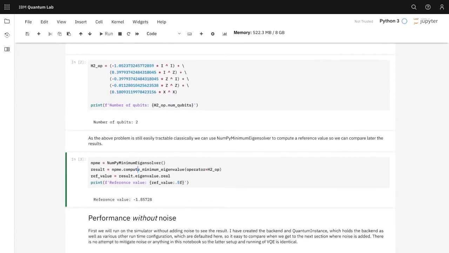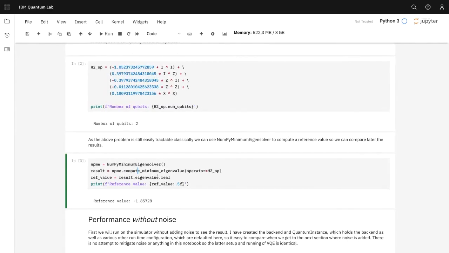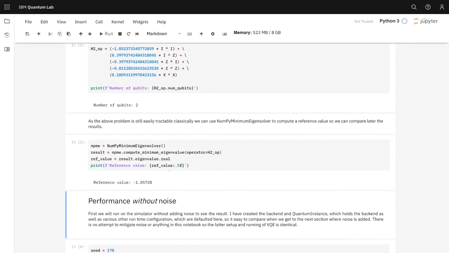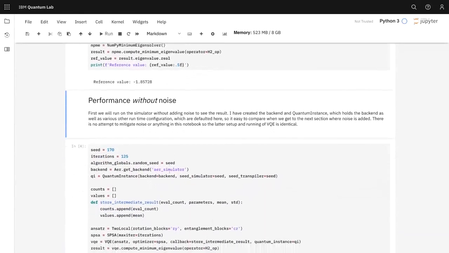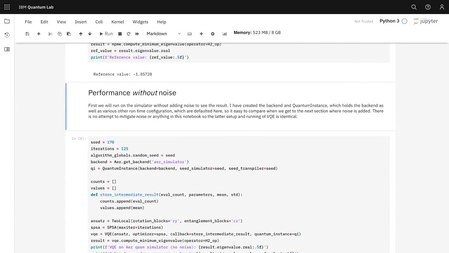Again, we do the exact solution. And we will start with running the simulations with stochastic noise, so no quantum noise for now.